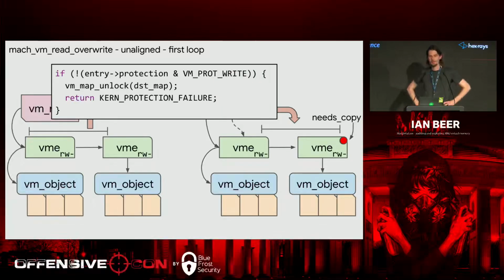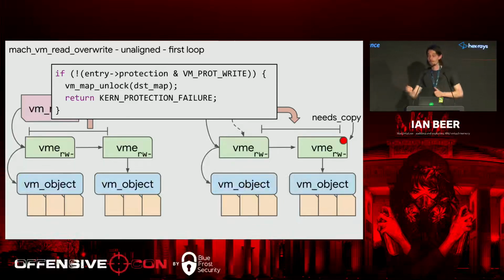So the way that this copying works, it's divided up into two loops. The first loop, on the right-hand side, we have the destination virtual memory area. The first loop is taking a lock on the entire VM map on the right, and then it's traversing the linked list of VMEs that cover the contiguous destination region, and it's checking, are they all writable?